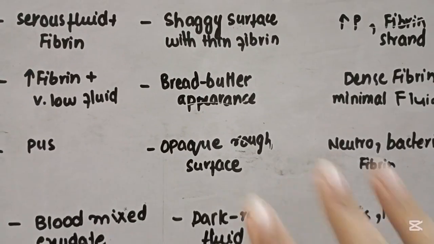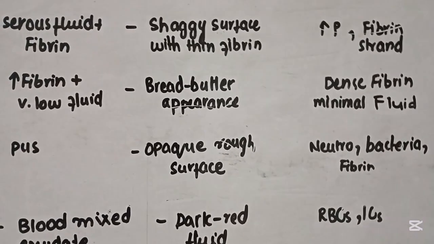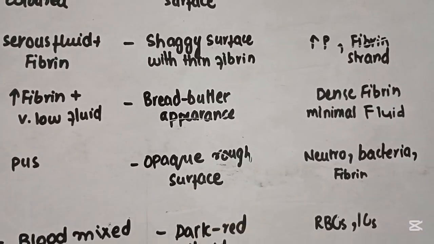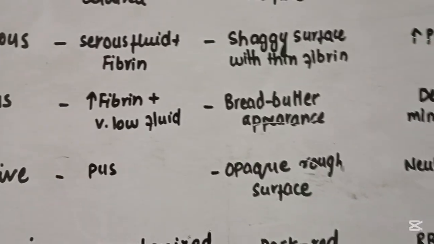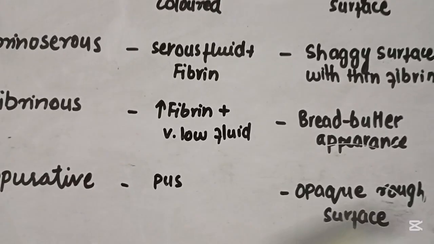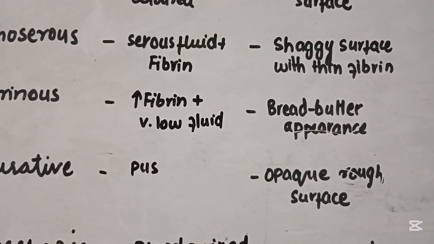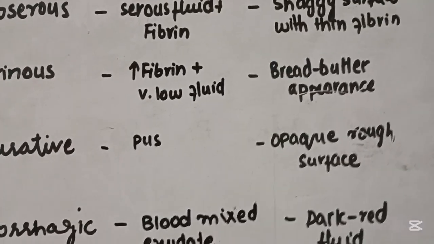So in serous pericarditis, the amount of fluid is approximately 50 to 200 ml, and mostly there is no complication. But in fibrinous pericarditis, there can be complete recovery, or organization can occur.